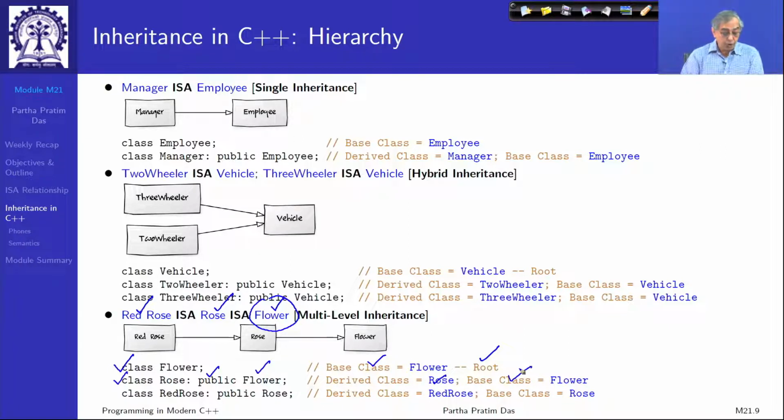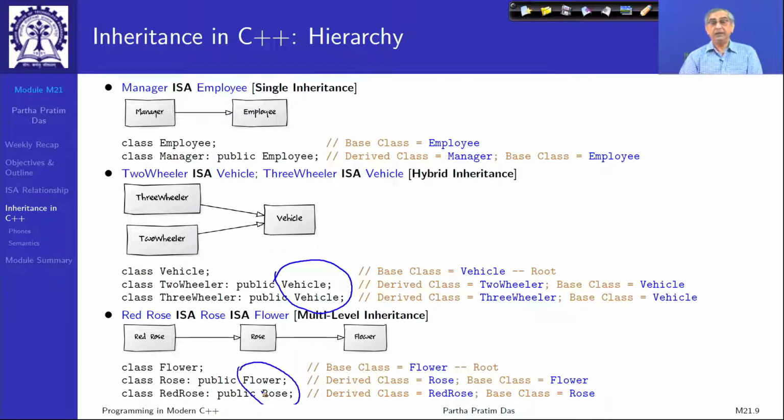And then we say the red rose is a rose. So, now rose becomes the base class and red rose becomes the derived class. You can see that unlike here where the base class is the same root, here the base class is not the same, it goes at multiple levels. So, this is known as multi-level inheritance.